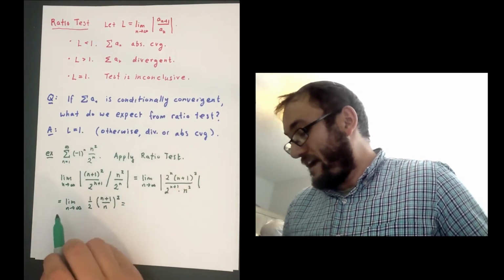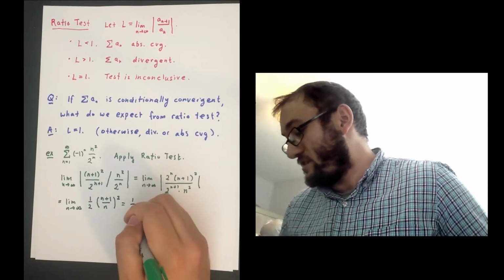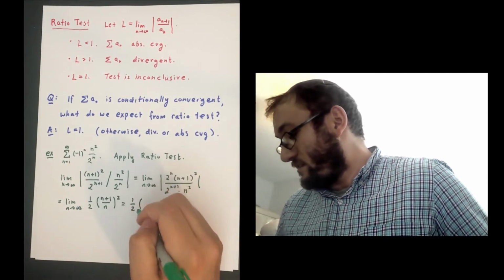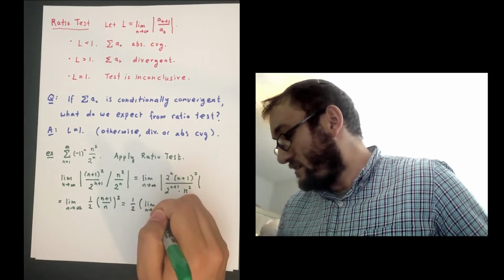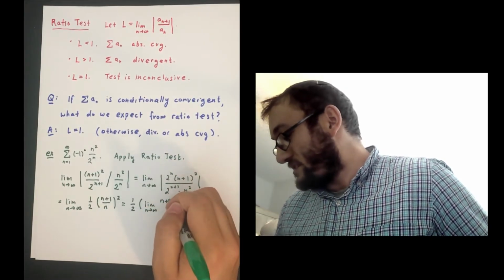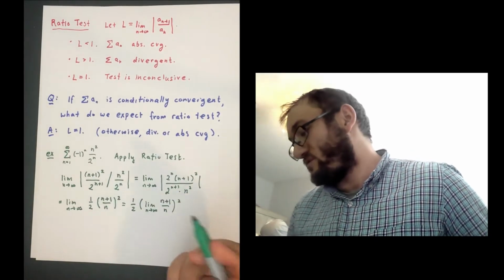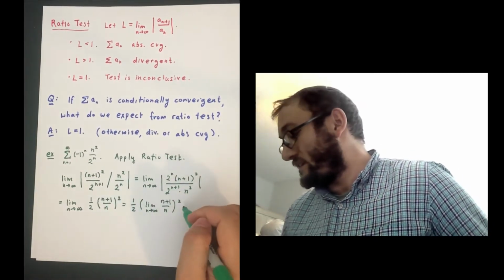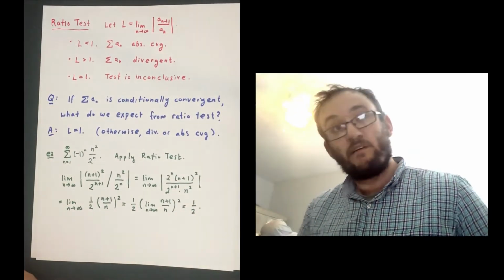And I can put the limit inside of the square because the square is a continuous function. So I'll get 1/2 times the limit as n goes to infinity of (n+1)/n squared. This limit is just 1 because it's the quotient of the leading terms. So I get 1/2. Okay? That's our L.